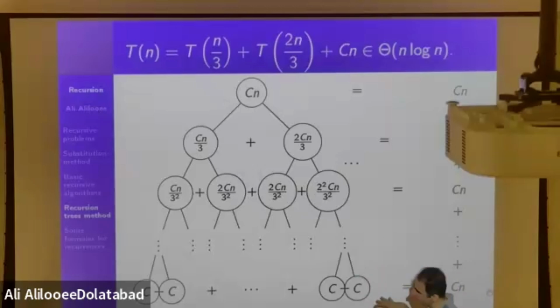So this tree that we have here on the slide is not very accurate. I will explain what the more accurate form of this tree is, and then I will explain why asymptotically we can assume this tree is accurate. If we do not consider the asymptotic case, this tree is not accurate. In other words, as you can see, this tree that we have here is a balanced tree.